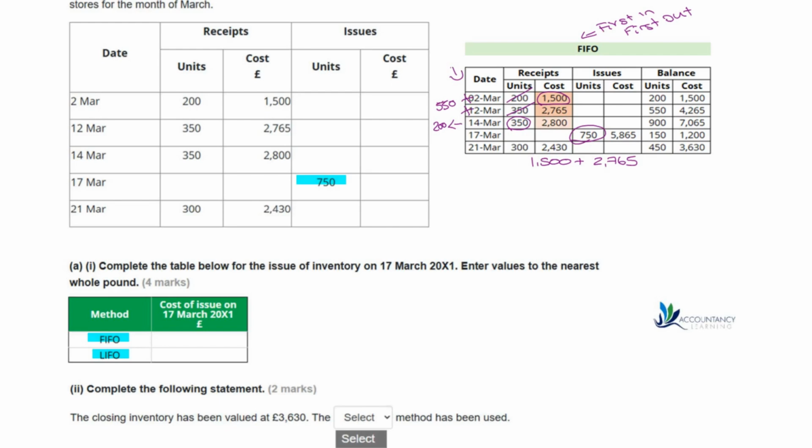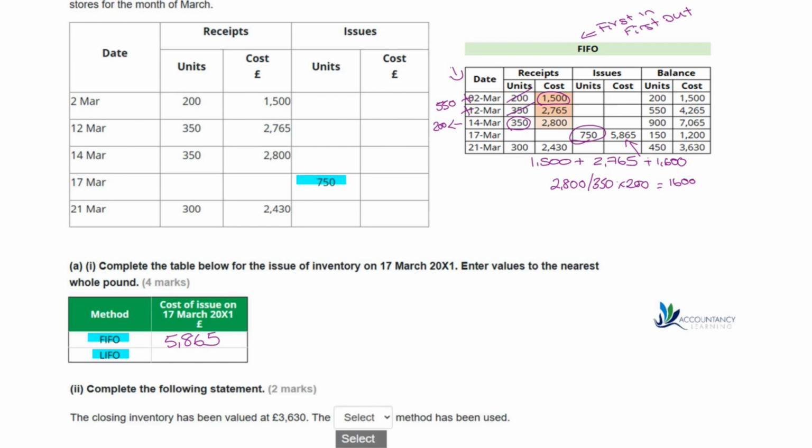So to do that, we need to do 2,800, divide it by the total 350 units to get a per unit price, and then times it by 200, which is the amount that we need to make our 750, which gives us 1,600. So we would then add 1,600 on there to give us a total cost of the issue of 5,865 under FIFO.